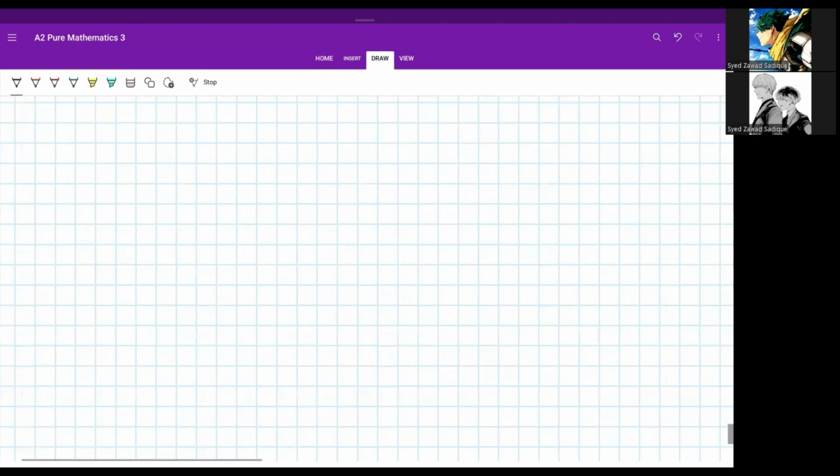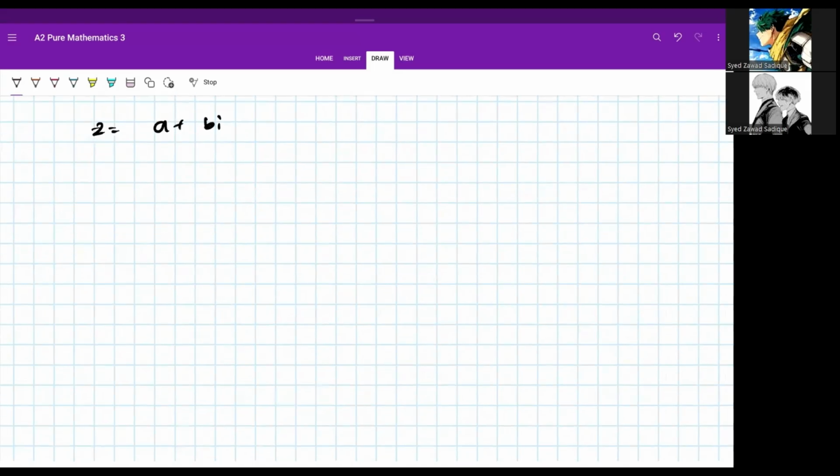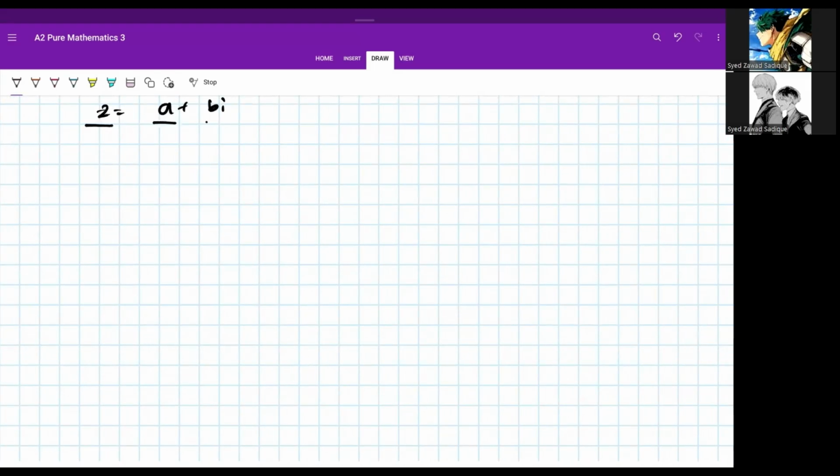In complex numbers, things are denoted with z equals a plus bi. This is used to represent a complex number.